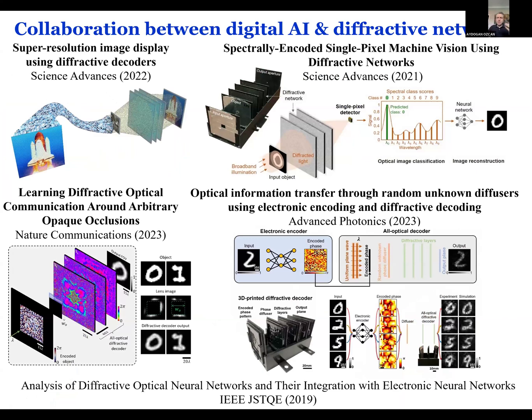There's also a beautiful push-pull between diffractive processors and digital processors, especially digital neural networks, because I believe diffractive processors and convolutional neural networks specifically form a beautiful language through programmed diffraction.